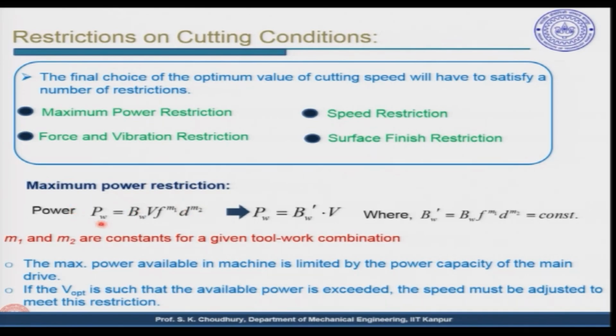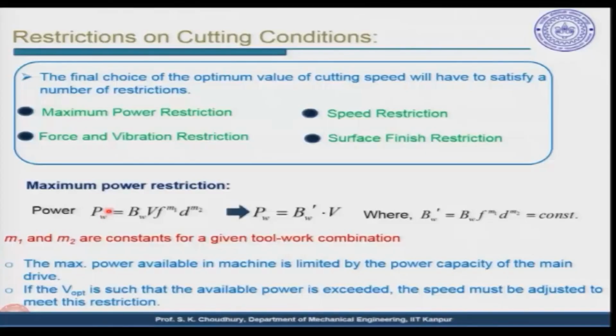Now, say the power required for the machining is P_w, and according to the optimum velocity, whichever criterion it is, we get a power which is more than what is available. Then we have to reduce the value of the optimum velocity to stay within this power.